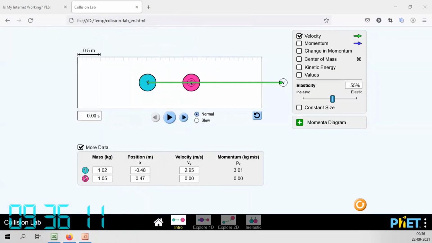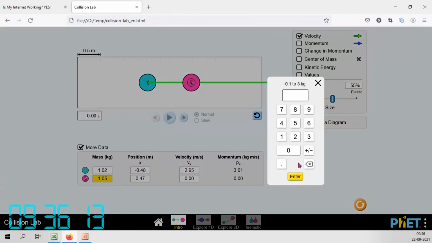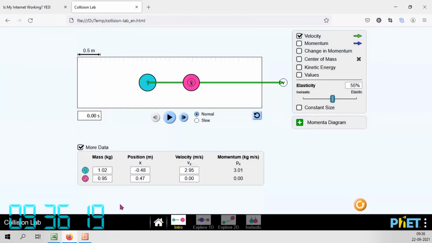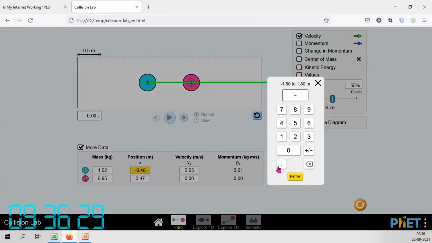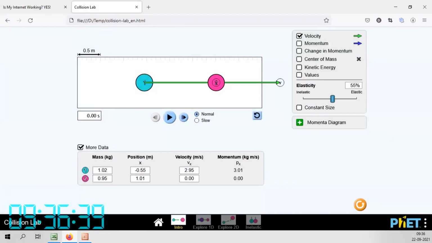Okay, 0.95 in position: minus 0.5, plus 1. 0.55, plus 1.01.